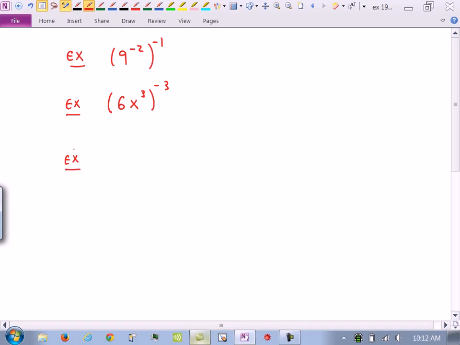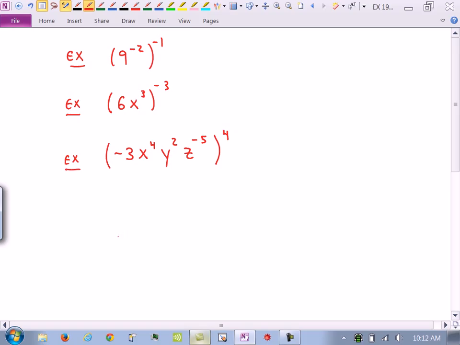And then the grand finale, negative 3 x to the 4th y squared z to the negative 5, all to the 4th power.